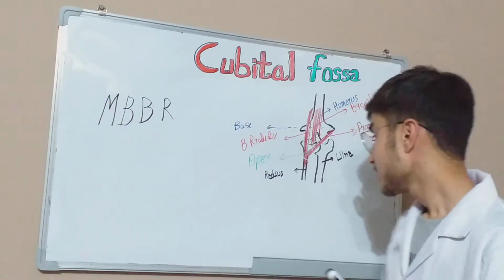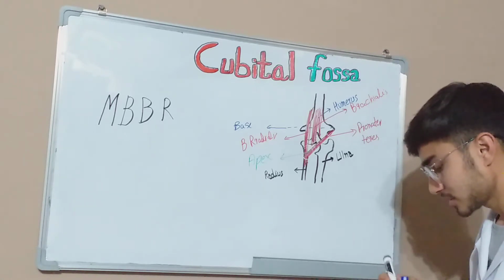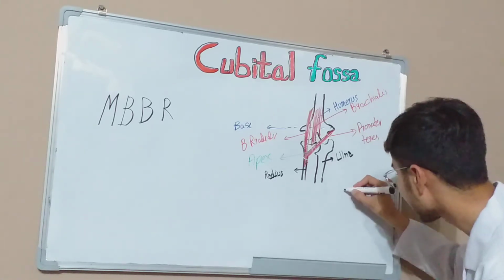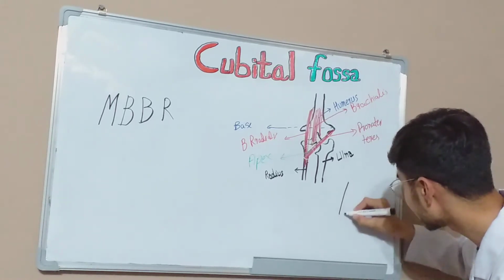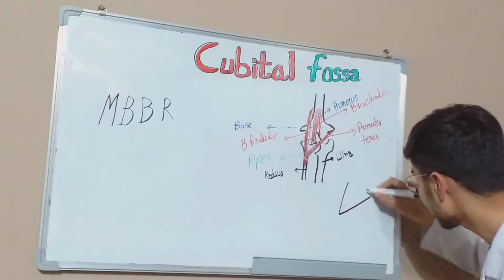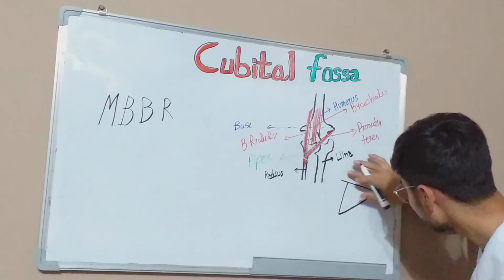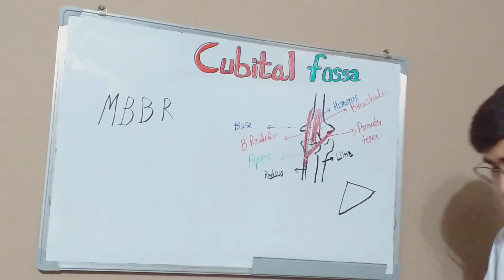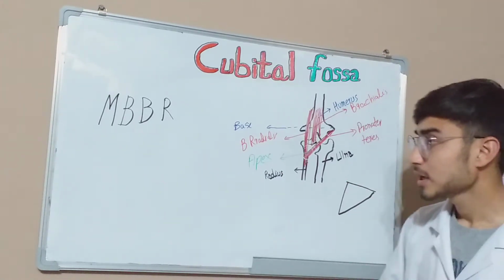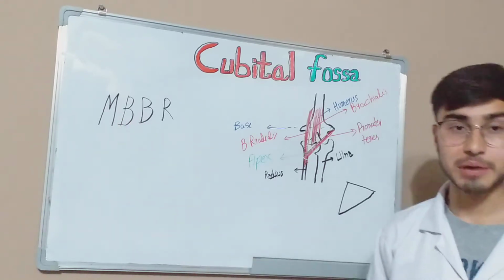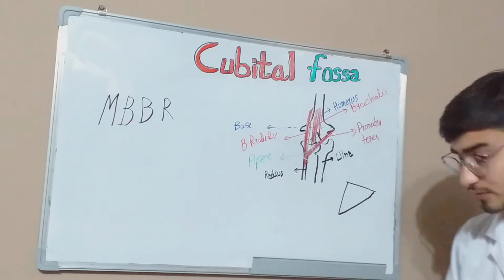Now I'm drawing the cubital fossa. Let's consider that this is the cubital fossa. Using this mnemonic, I'm going to draw the contents of the cubital fossa.